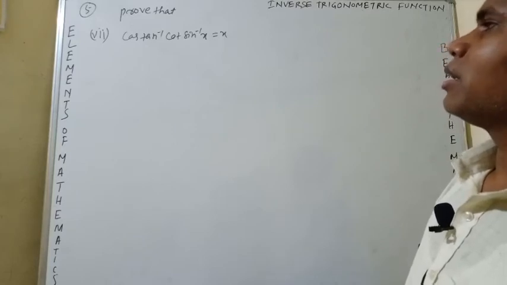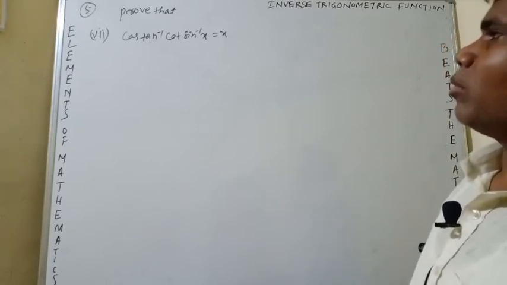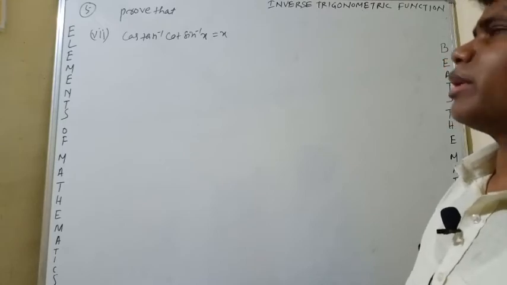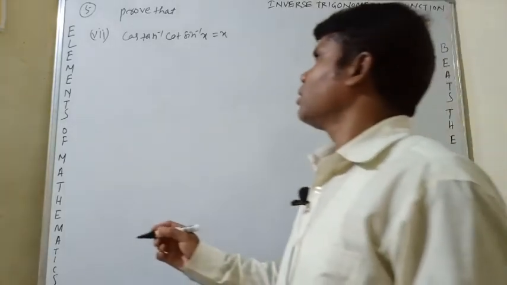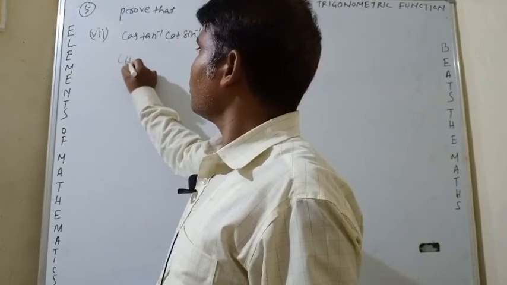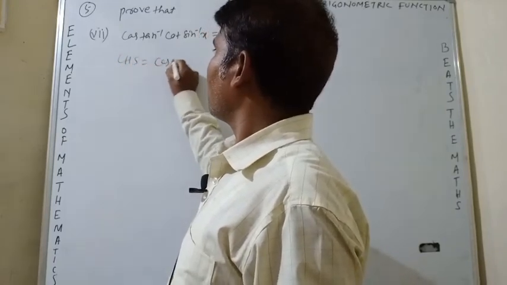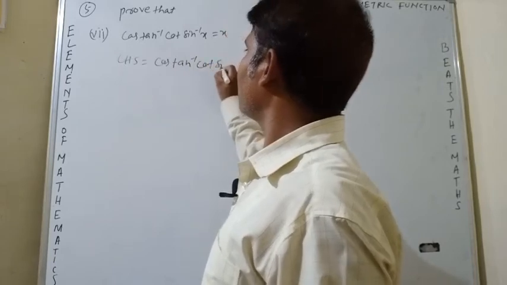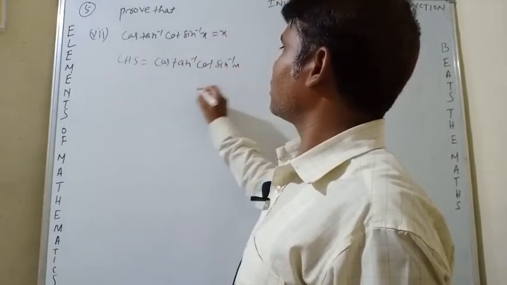Prove that cos tan inverse cot sin inverse x is equal to x. So you see LHS is equal to cos tan inverse cot sin inverse x.